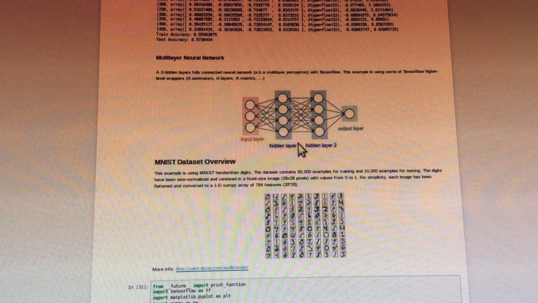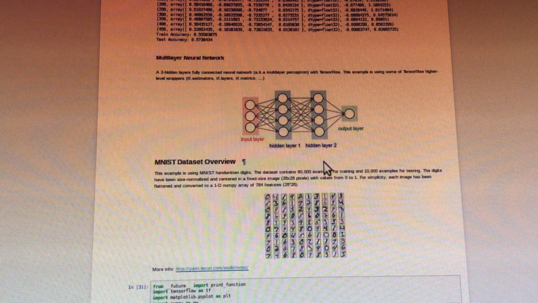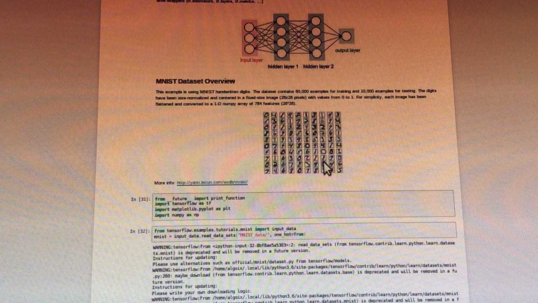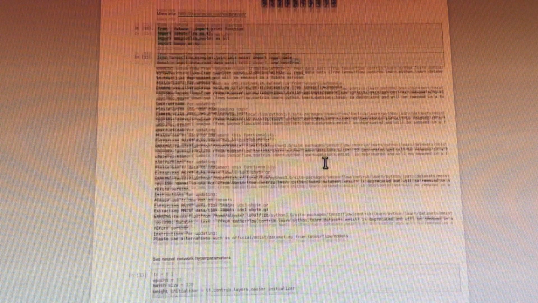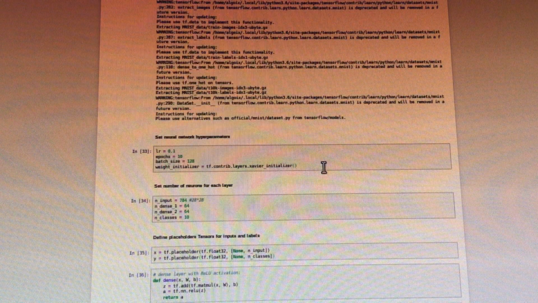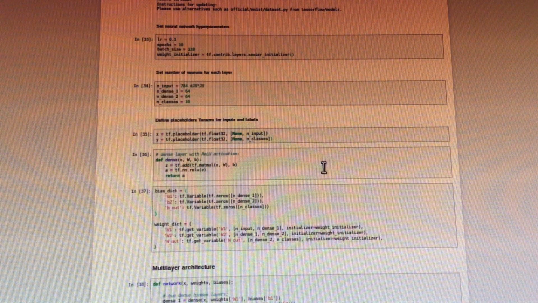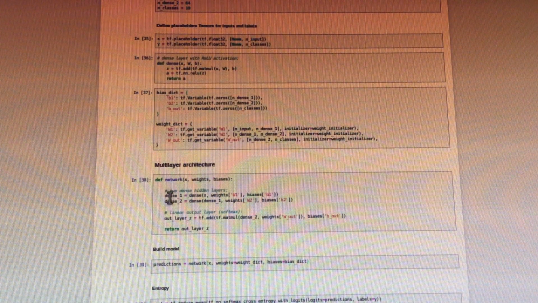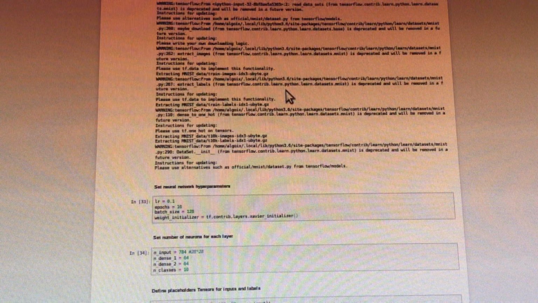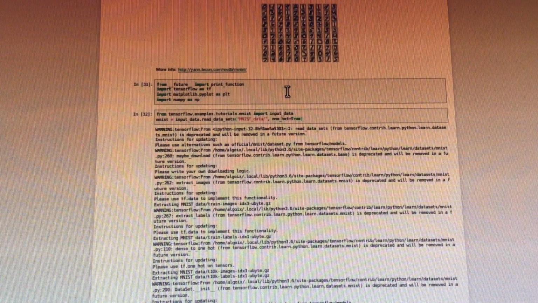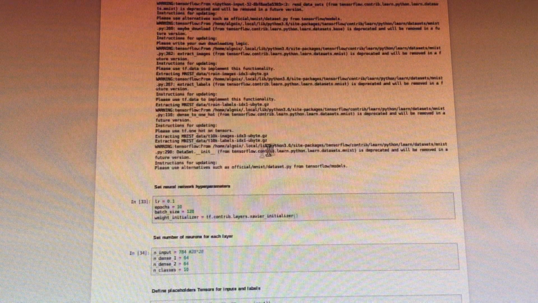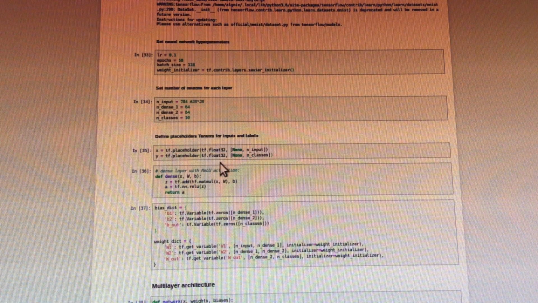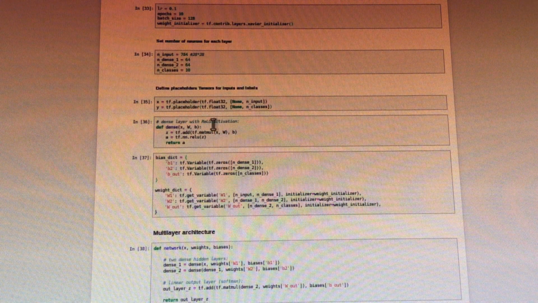Here we have two hidden layers, and we are building these layers using the ReLU function.